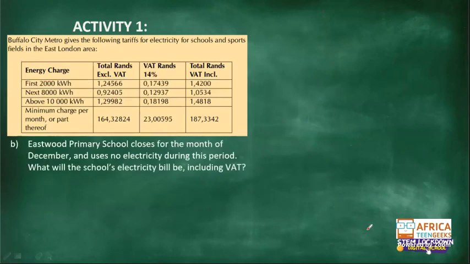Let's look at part B. Okay. Eastwood Primary School closes for the month of December and uses no electricity during this period, what will the school electricity bill be, including VAT? What will the electricity bill be, including VAT?